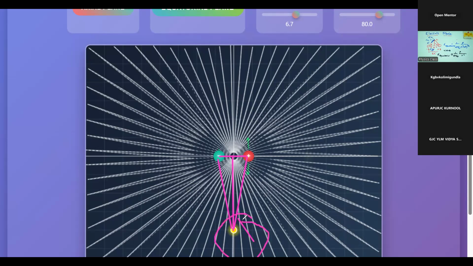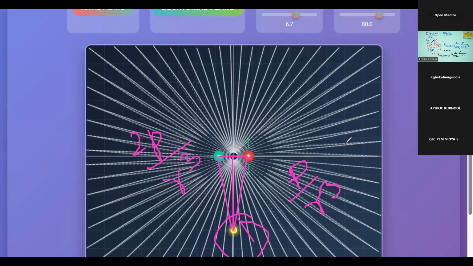Here you can find the electric field due to the positive charge and due to the negative charge. We have a formula: E equatorial equals 1 by 4 pi epsilon naught times P by R cube. But for the axial line, it is 2P by R cube. For the axial line, electric field is 2P by R cube.